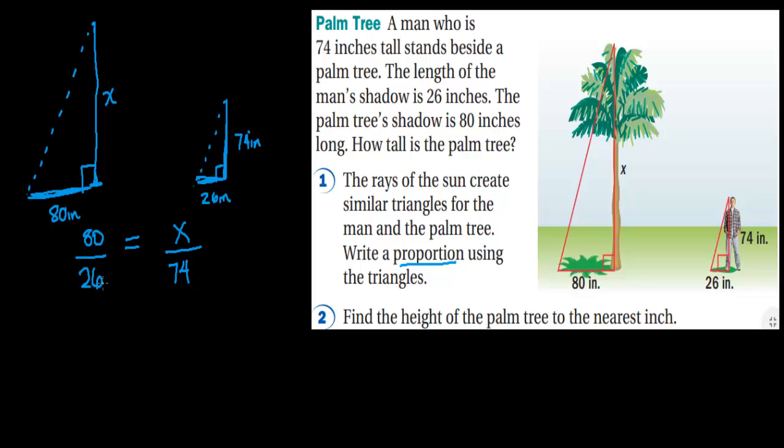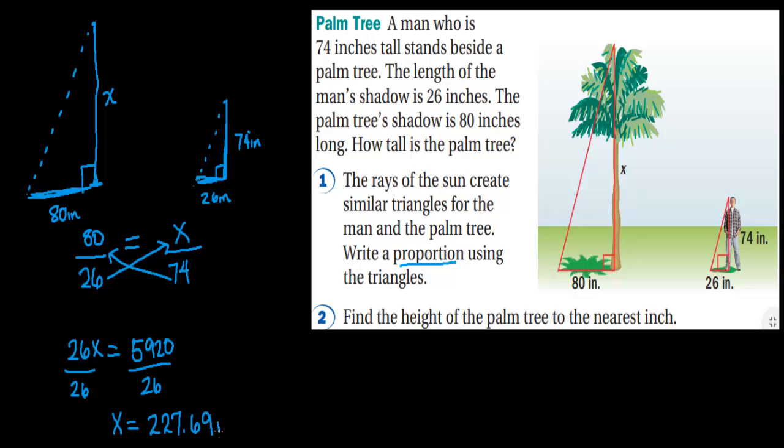Once you have your proportion set up, all that's left is to cross multiply. So we have 26x is equal to 80 times 74, which is 5,920. We divide both sides by 26. X is equal to 227.69 inches.